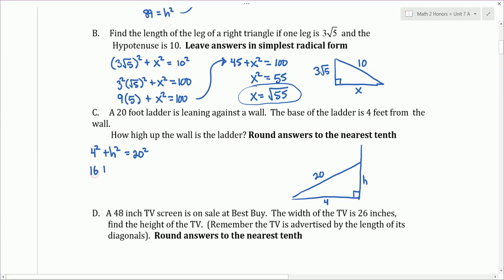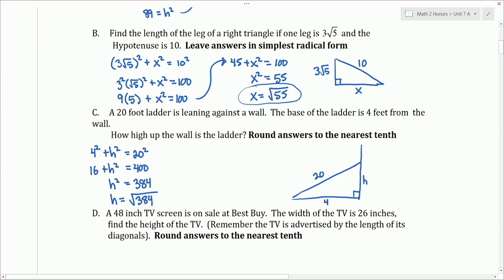That's 16 plus h squared equals 400. H squared is going to equal 400 minus 16, which is 384. Take the square root, we get h is the square root of 384.